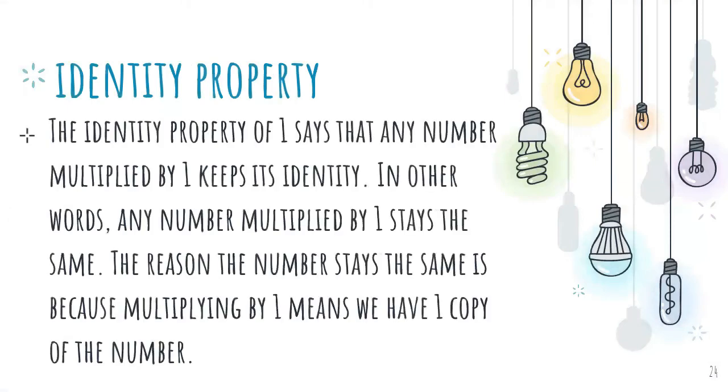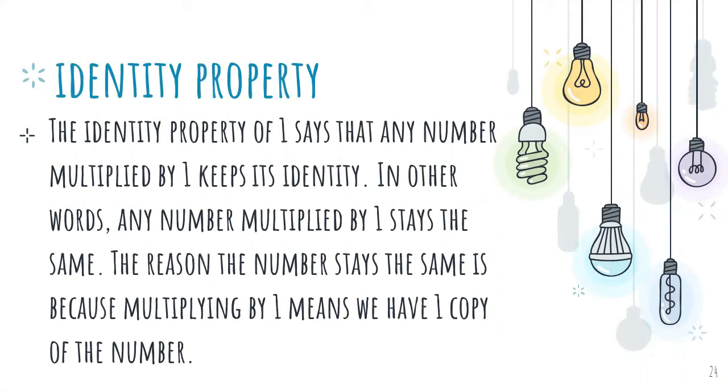The identity property of 1 says that any number multiplied by 1 keeps its identity. In other words, any number multiplied by 1 stays the same.